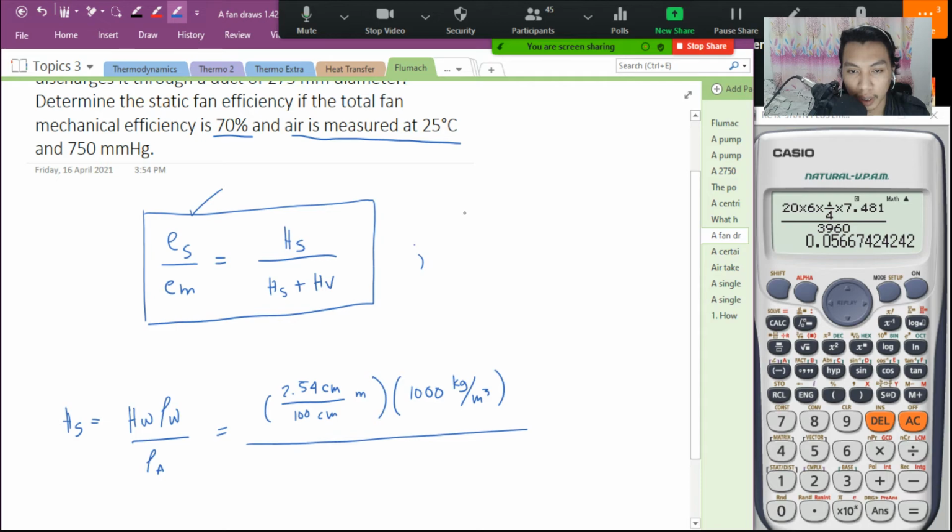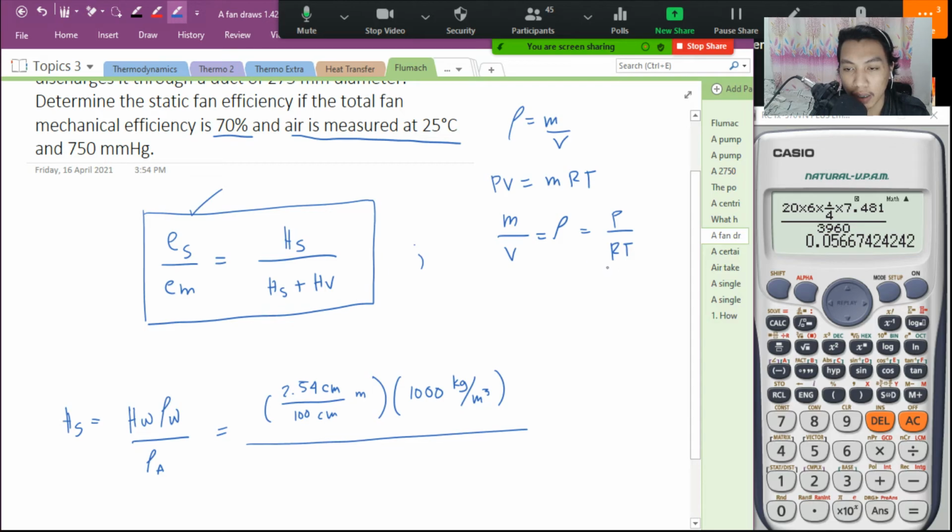Recall natin. Punta tayo sa PV is equal to MRT. Take note that density is equal to mass over volume. Tama? Pagsamahin natin to, di ba? M over V is equal to density and that is equal to P over RT.